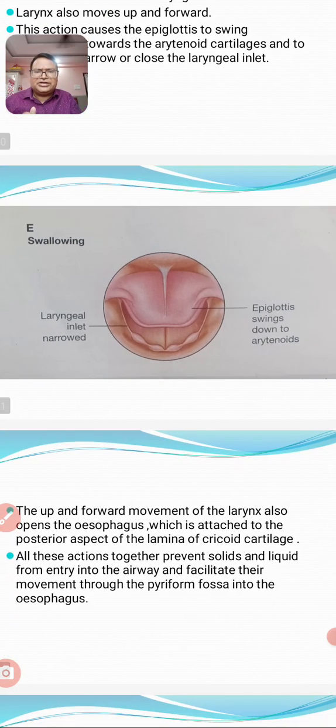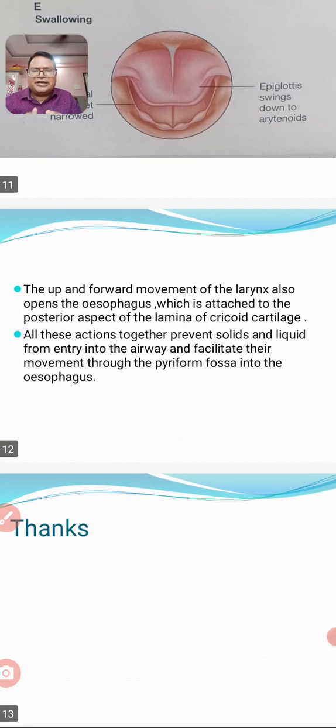In this figure, the epiglottis swings downward towards the arytenoid cartilages, and the up and forward movement of the larynx also opens the esophagus, which is attached to the posterior aspect of the lamina of the cricoid cartilage.